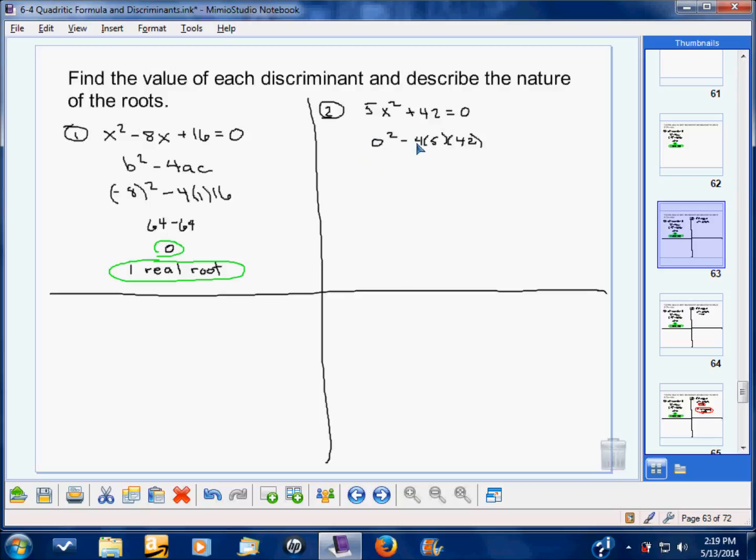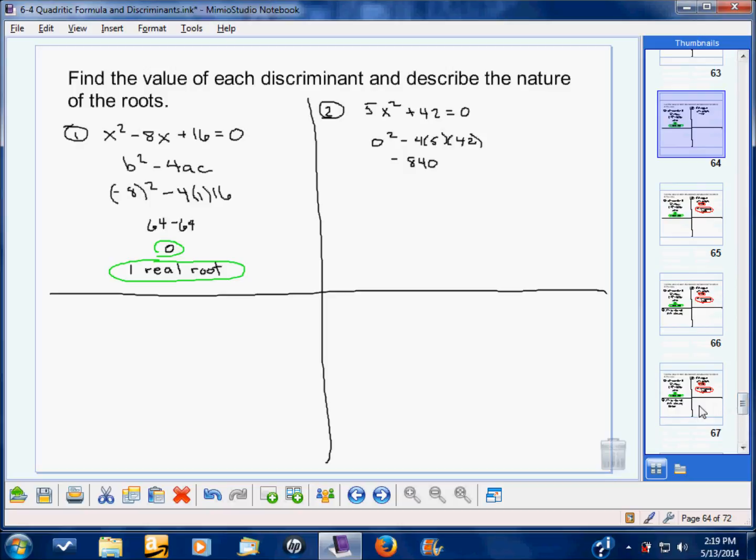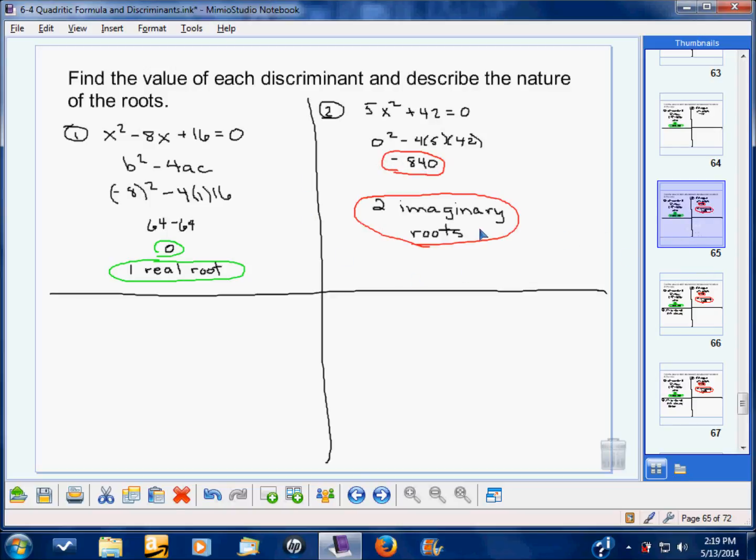Now, when we evaluate that, you are going to get a negative number. We're going to get negative 840. So there would be 2 imaginary. So the discriminant is negative 840 and there are 2 imaginary roots because it's negative.